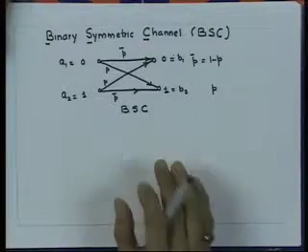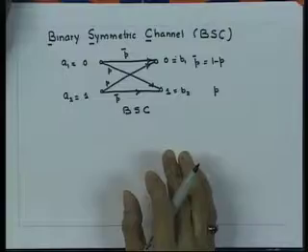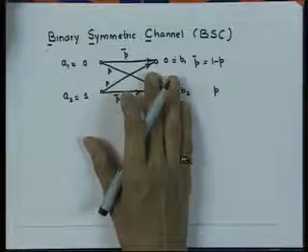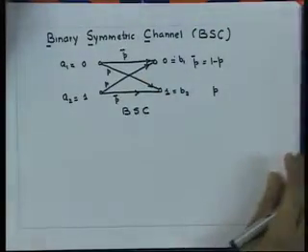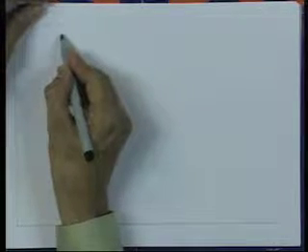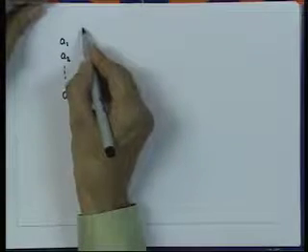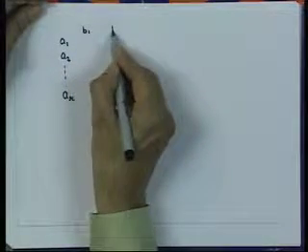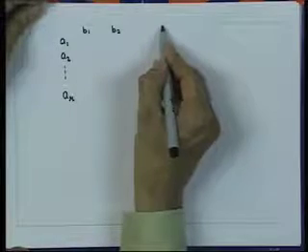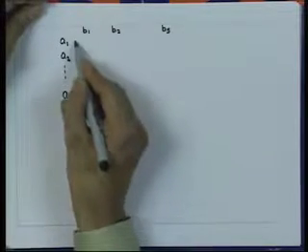So, a convenient way of describing an information channel is to arrange the conditional probabilities of its output as shown in the figure. So, I have my inputs given by A1, A2 up to AR, and my outputs are B1, B2 up to BS.